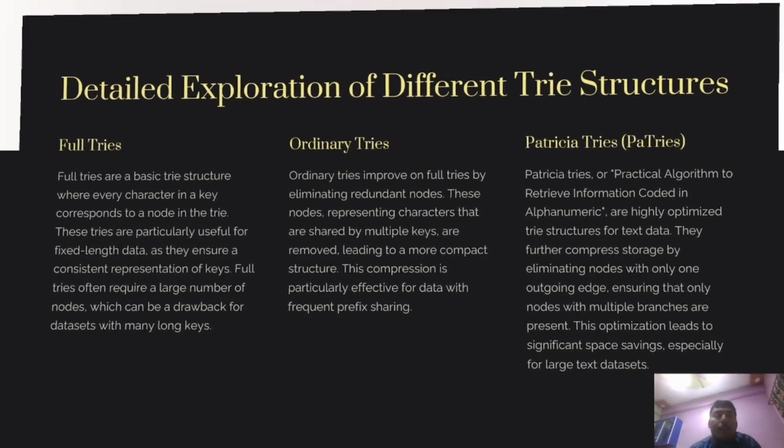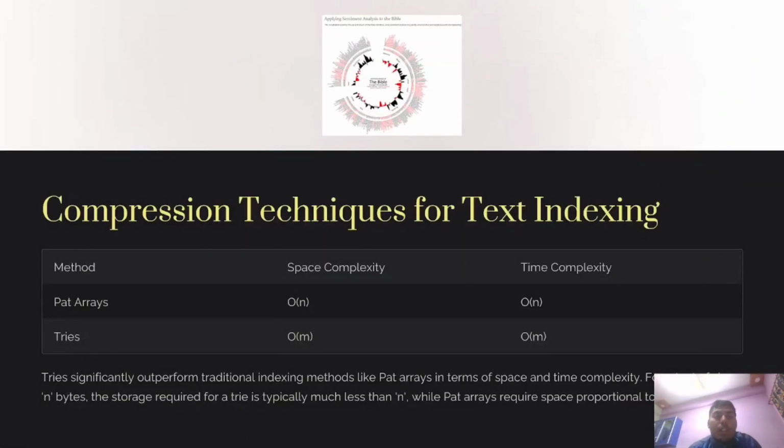And then we have text indexing and advanced search capability. In text indexing, tries offer significant advantages over traditional methods like the PAT array. For instance, they require less storage space and allow for efficient search.